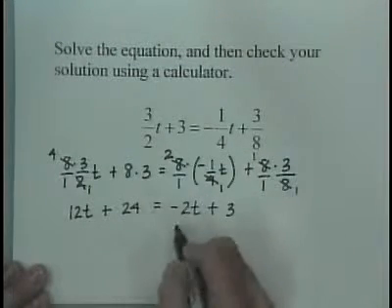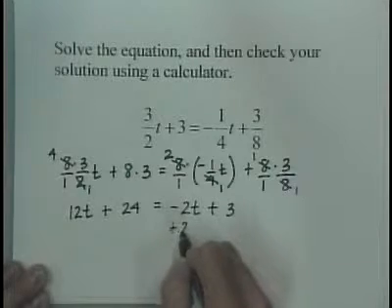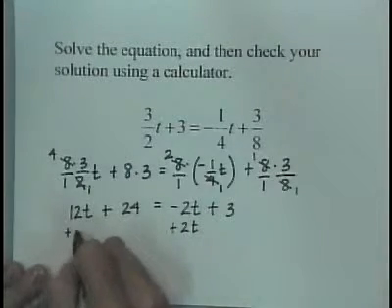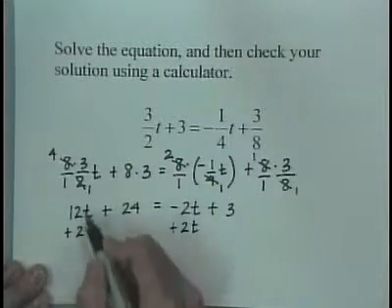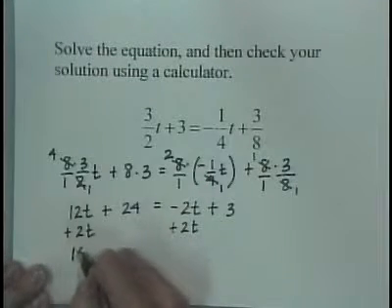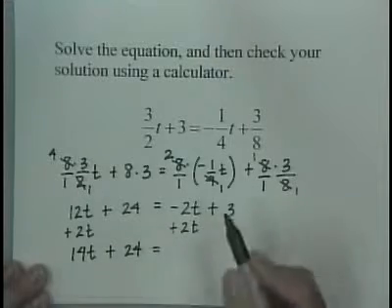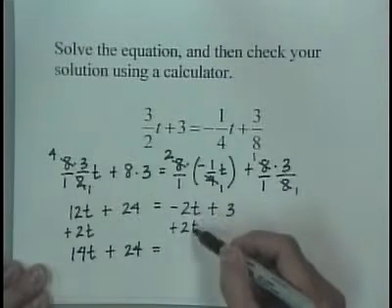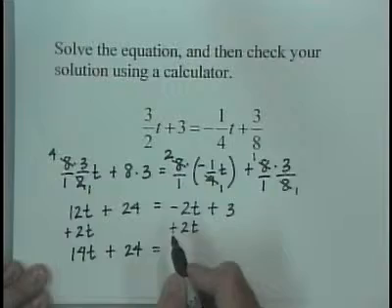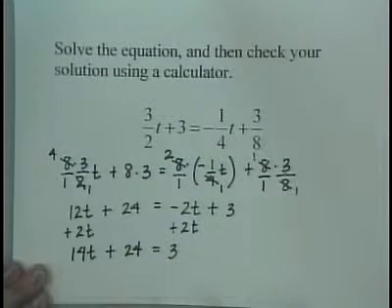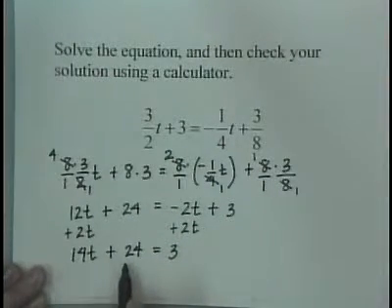To solve this further, or to finish solving, I should say, I'm going to add 2t to each side of the equation. Combining like terms on the left, I'll have 14t plus 24 equals, now negative 2t plus 2t is 0, but I still have 3 on the right hand side.